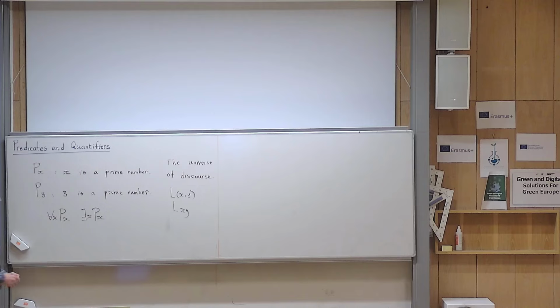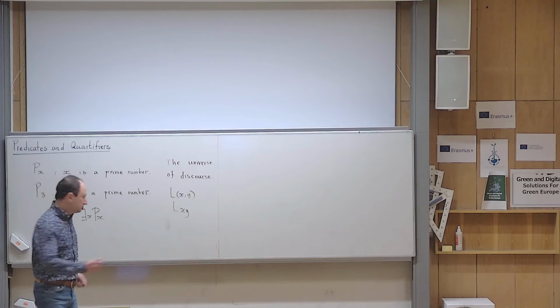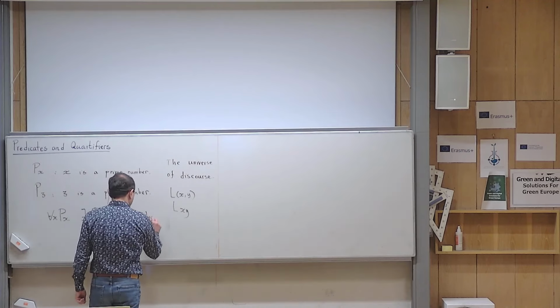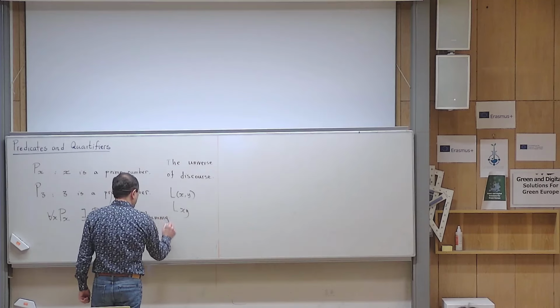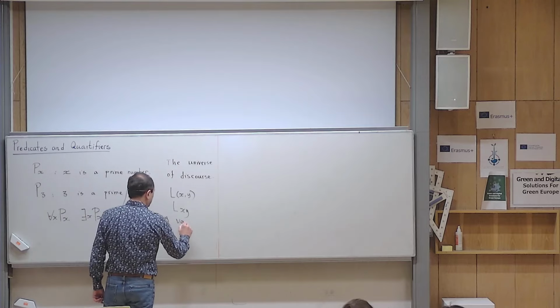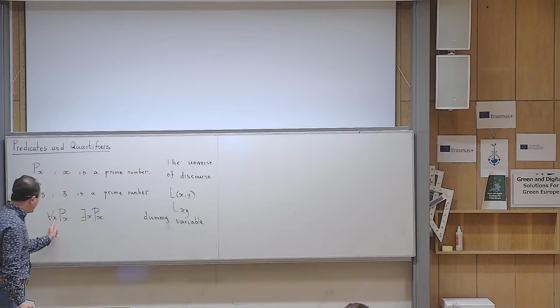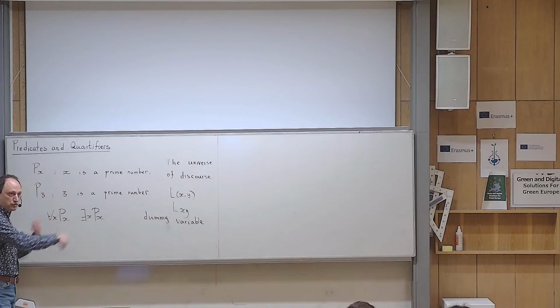And something like this is important to know. This variable that you see here is a dummy variable. This is a very nice terminology we have. It means that if you replace the name of that variable everywhere with something else, the sentence does not change.